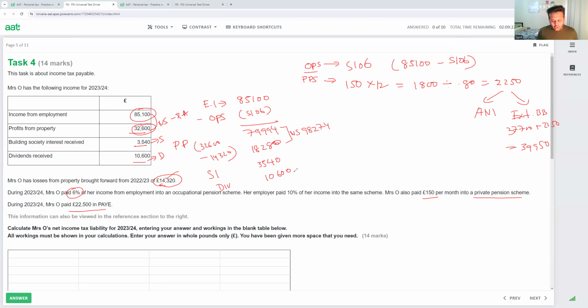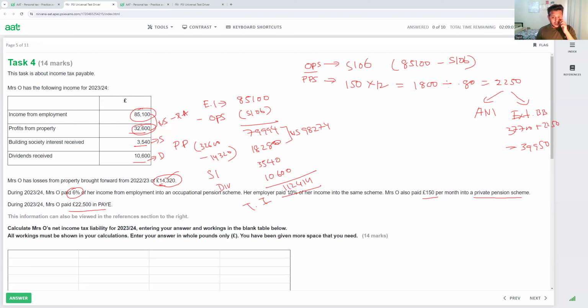We need to add all to find out how much my total income is. So 98,274 plus 3,540 plus 10,600, my total income is 112,414. So that's my total income.